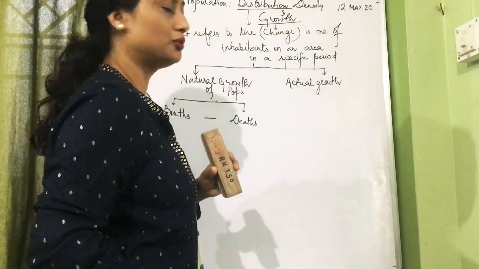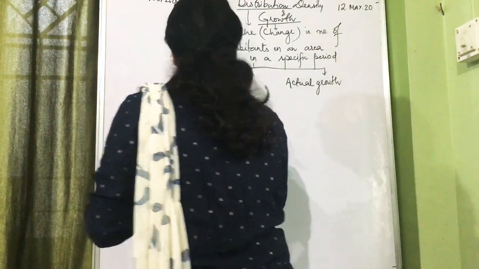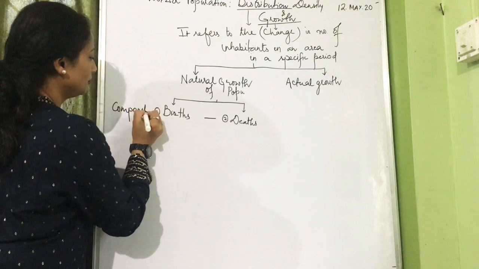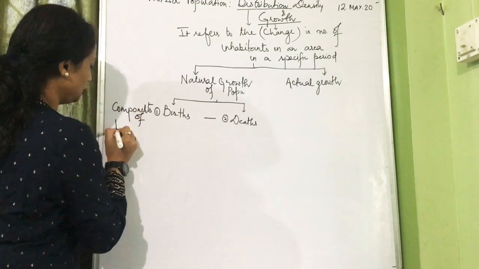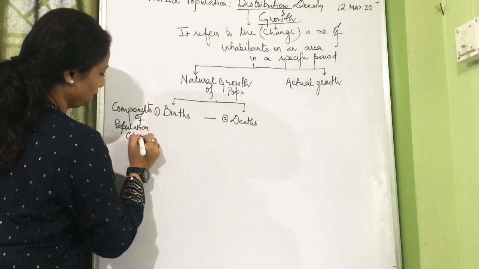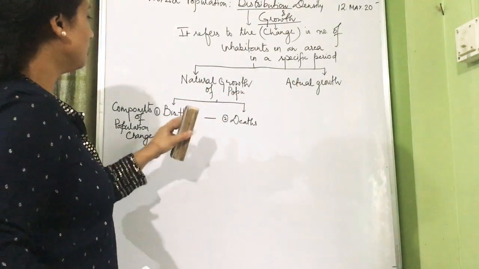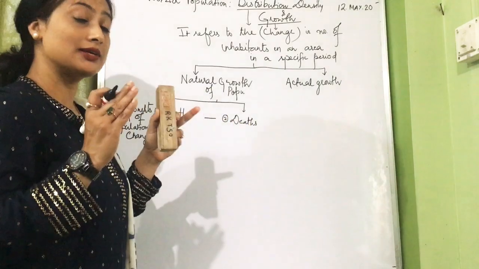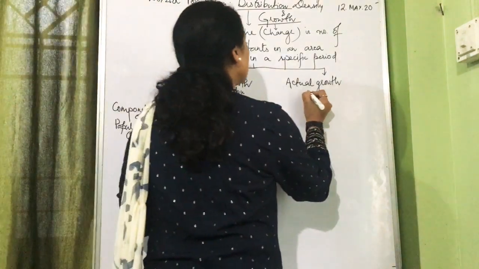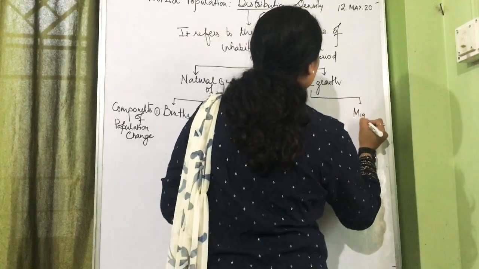These two components, birth as well as death, are also known as the components of population change. Now if we talk about the actual growth of population, birth and death cannot give you the exact number of actual growth of population, because there is one third factor along with this, that is migration.